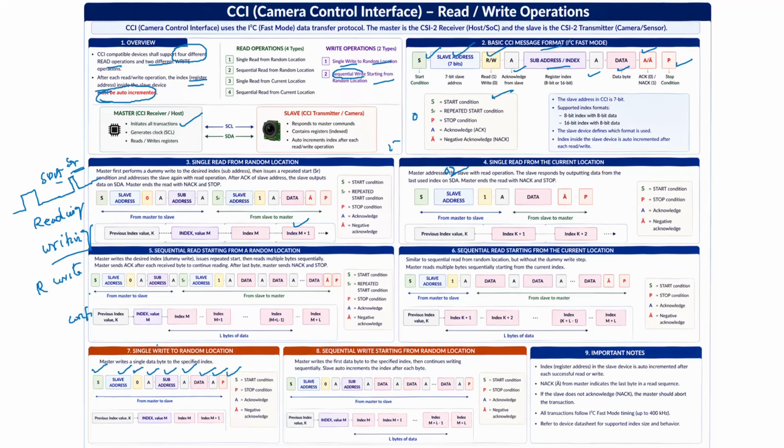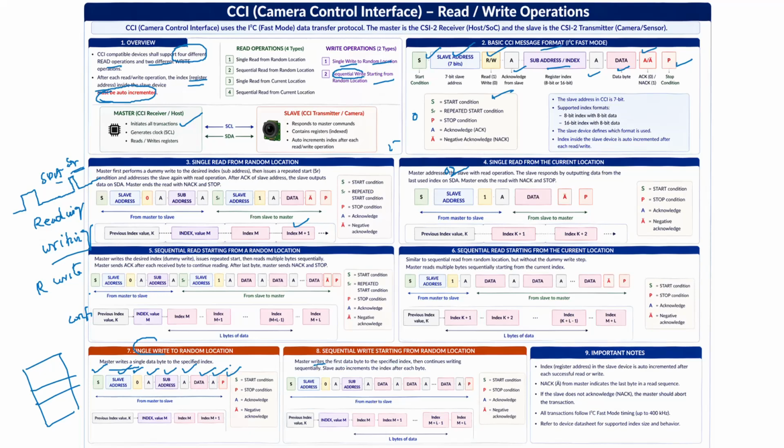In a single write to a random location, the data can be placed at any sub address. Whatever the sub address we have in the slave's region, any location it is placing the data. Now you want to do a sequential write starting from a random location, so here you want to write sequentially. That means the master writes the first data byte to a specific index.